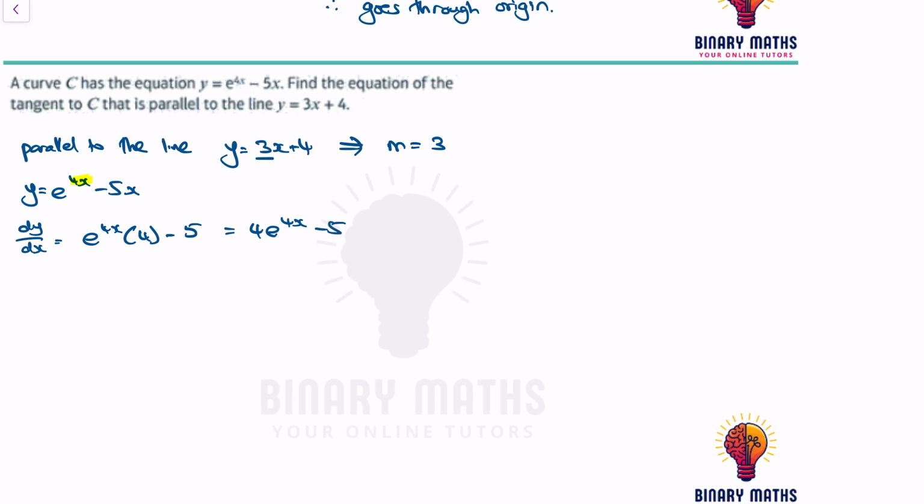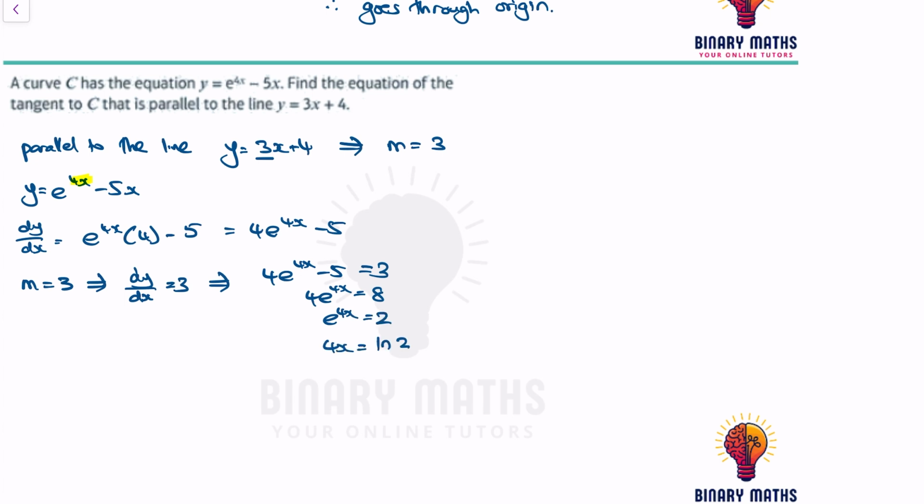So that means the gradient, because m is equal to 3, dy/dx must be equal to 3, which implies 4e to the 4x minus 5 is equal to 3, which means 4e to the 4x is equal to 8, e to the 4x is equal to 2, which means 4x is equal to ln 2, which means x is equal to a quarter ln 2.